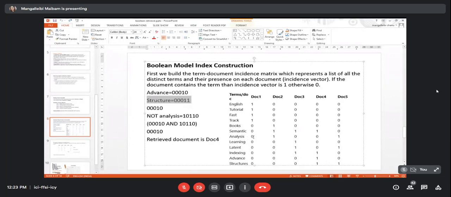For analysis, it is 0, 1, 0, 0, 1. Now, you have to change this into not analysis. For not analysis, how will you change this one?